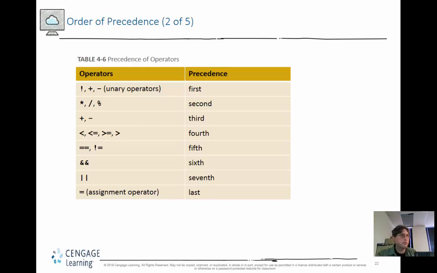Plus and minus up there at the top, that means like a positive or negative. That's what that's talking about. And then comes multiplication, division, modulus, and then addition and subtraction. And then all your relational operators, like less than, greater than, less than or equal to, and all those. But here's one thing that's important to note, is that ands take place before ors, right there. So you do ands before ors if you have a combination of things.